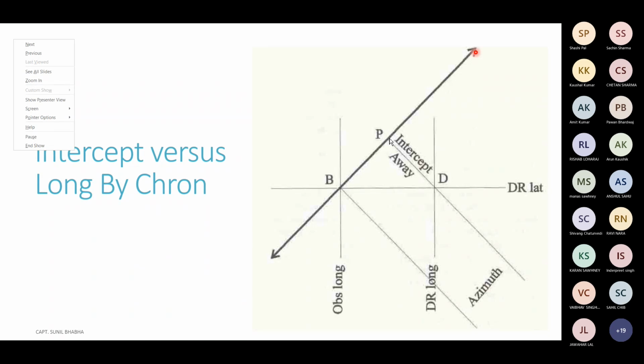Yes, that's right, beta, close to the observer's meridian. In other words, if the bearing of the body is close to 000 or 180, in that case long by chron should not be used. Why it is not used in those conditions, I will explain to you a little later. But other than that, you can use any of the methods anywhere.